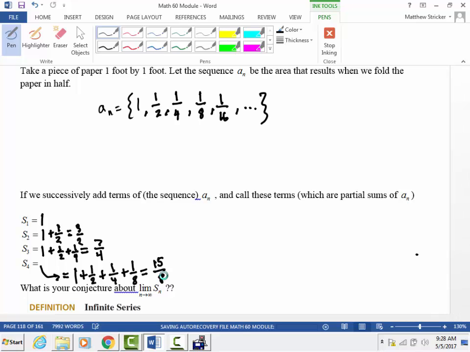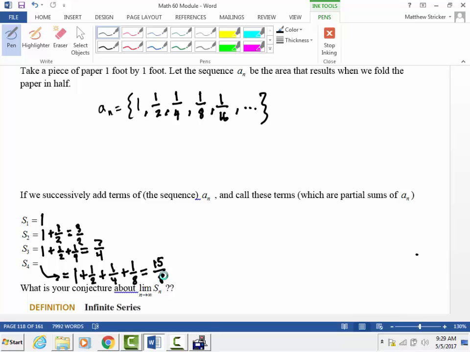And then, could we keep going? We can find S5, S6, and so on. So the question that is posed here is to make a conjecture about what happens to the limit of this sequence of partial sums. If I let the partial sums approach infinity, so if I take the sum of an infinite number of terms, is it going to approach some value?